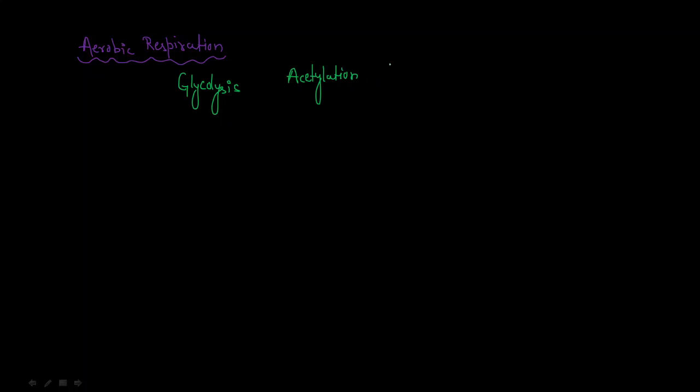The third step is the Krebs cycle, and ultimately ETS, through which the ATP production happens, right? So during glycolysis, acetylation and the Krebs cycle, there was production of ATP molecules, of NADH, and of FADH2.